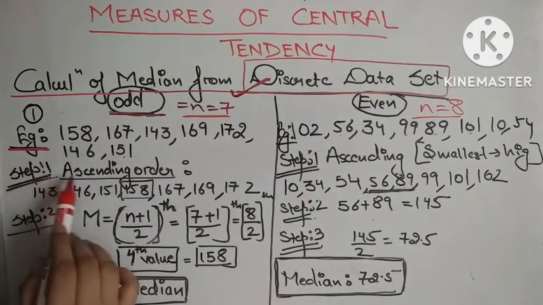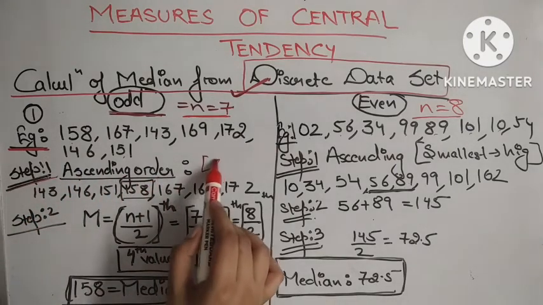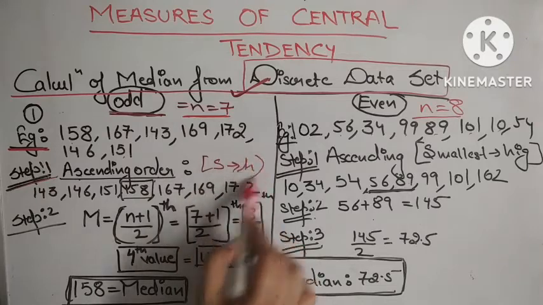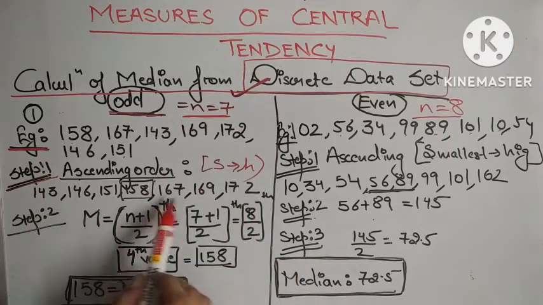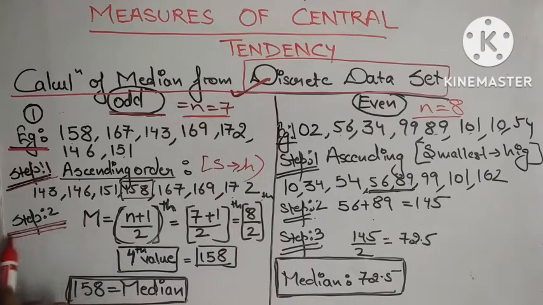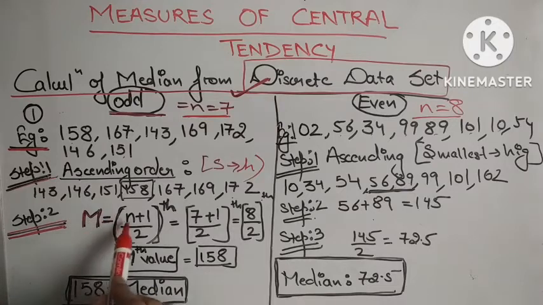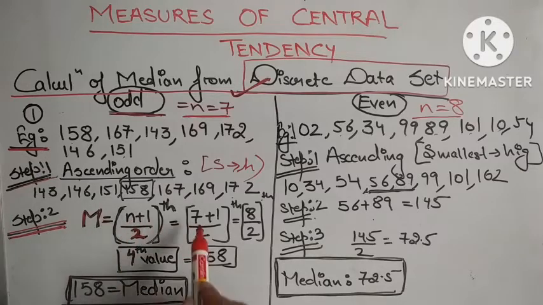In the odd set, step number 1 says you have to arrange it in ascending order, that is from the smallest to the highest. In step number 2, I have the formula which says m is equal to (n plus 1) by 2. In the previous video, I told you that n is the total number of values.